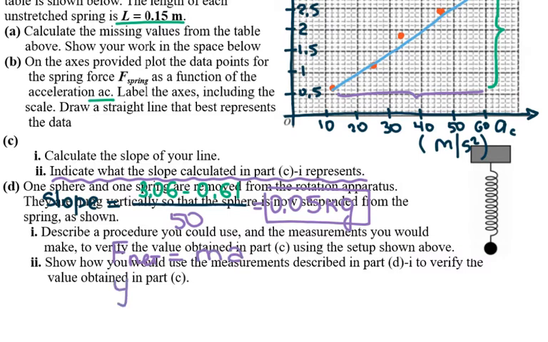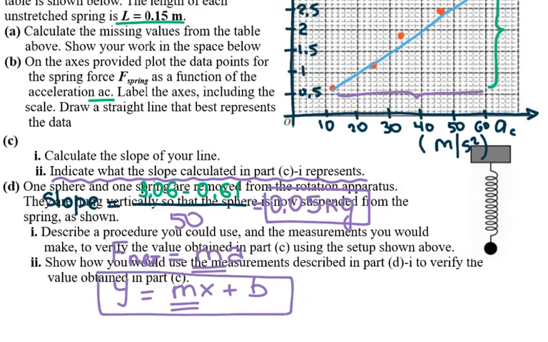So this is your y, then you have mx plus b. And in this case, your slope is your mass. In math, this m represents slope, and in our case, this m represents mass. So that's how I knew this will be in kilogram.